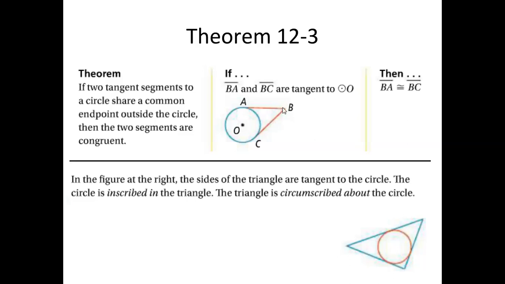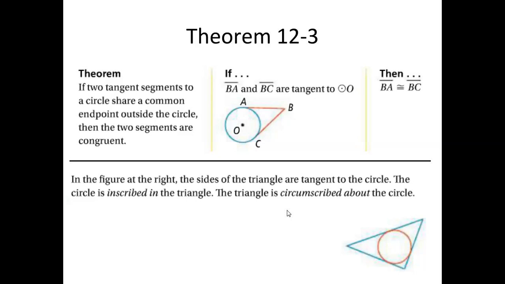So if you have two tangent lines that meet outside a circle, they will be the same measure. So if BA and BC are tangent to circle O at points A and C, then the length of BA is congruent to BC. So therefore, these two would be the same.